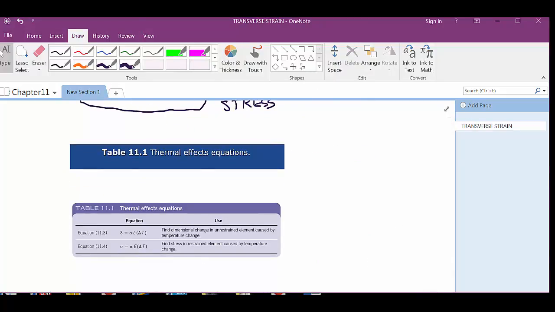Thermal effects equations, and it basically summarizes the two preceding thermal effects equations. 11.3 tells you the dimensional change for unrestrained elements caused by temperature, and then the bottom equation tells you the stress when it's restrained, and you can't get any movement.